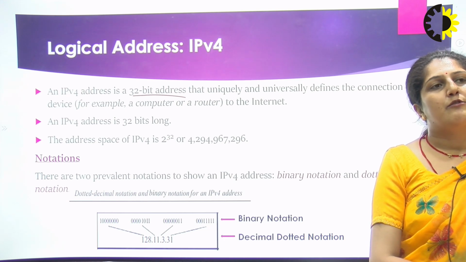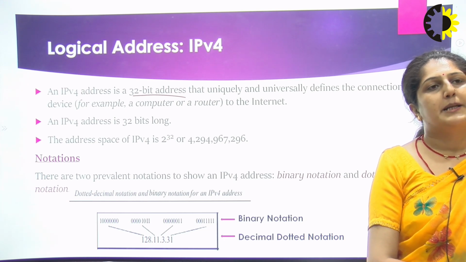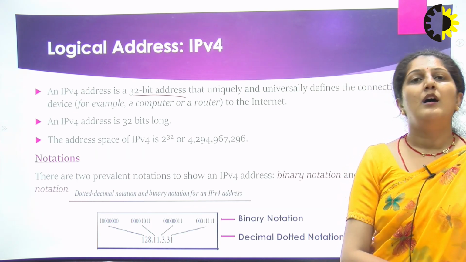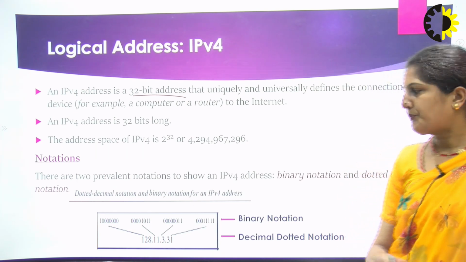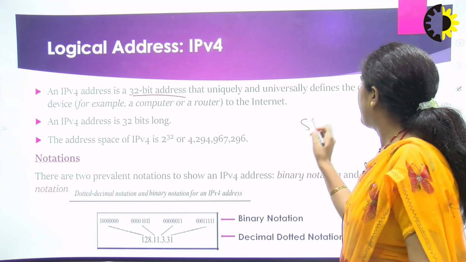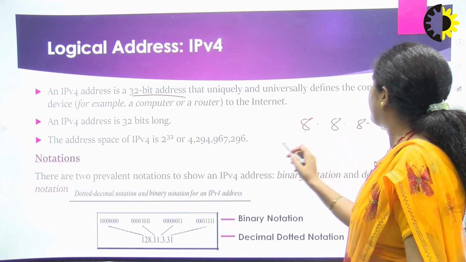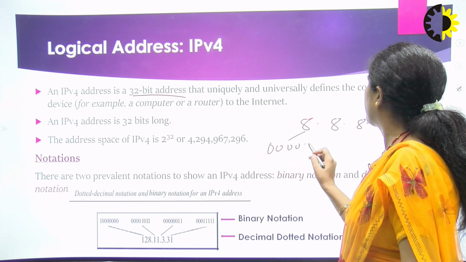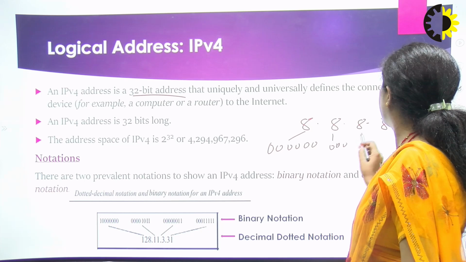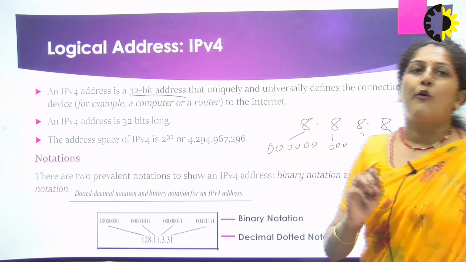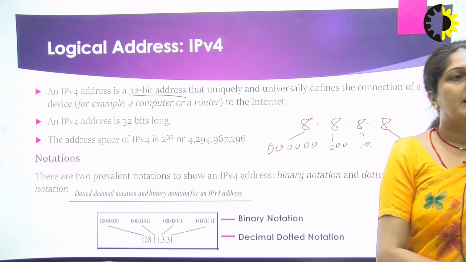The IP version 4 address is 32 bits long. That means it will make 4 octets: 8, 8, 8, 8. So a total of 4 octets will be made like this.